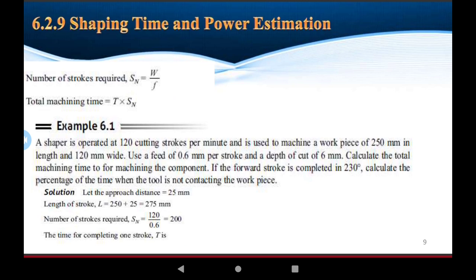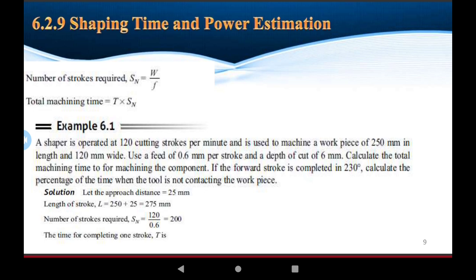Okay, and the total machining time to complete one job is the capital T into SN. SN is the number of strokes required for the machining, and T is the time required for one stroke.